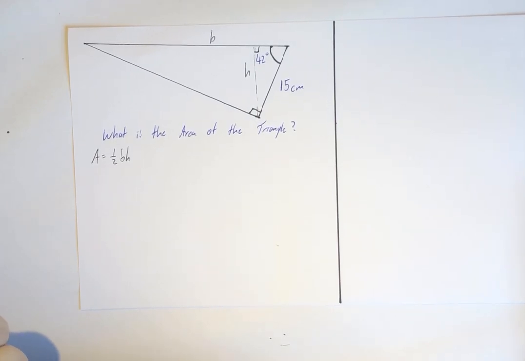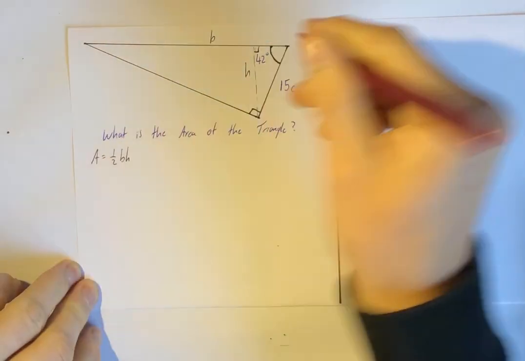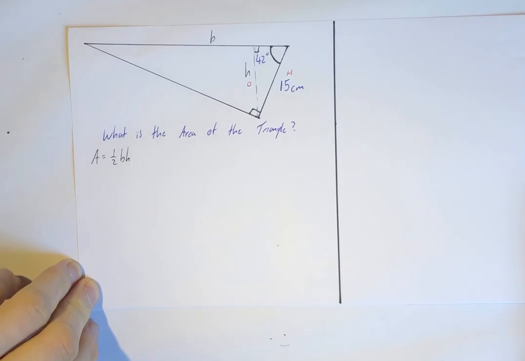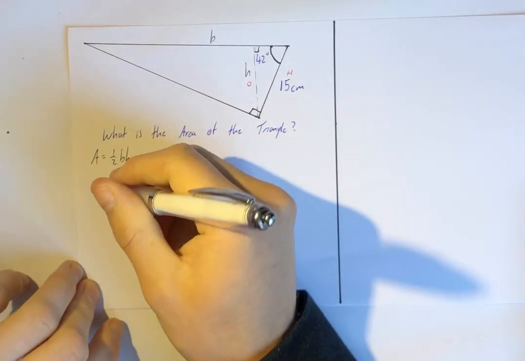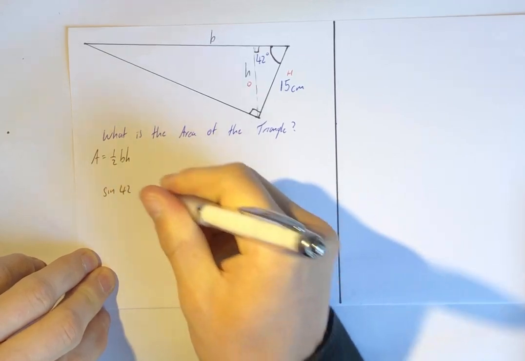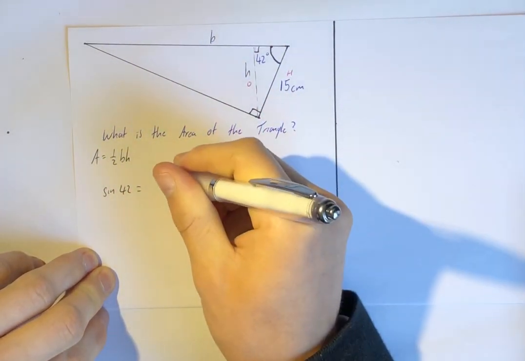So let's find the height first. Well, labeling shows me that that's O and H, so I'm using sine. So to find H, I'm going to be using sine 42 degrees is equal to the opposite side divided by the hypotenuse.